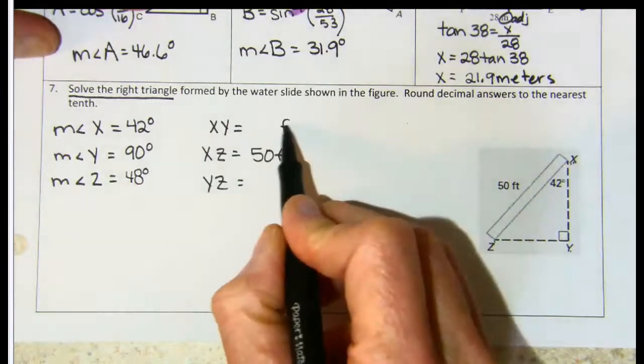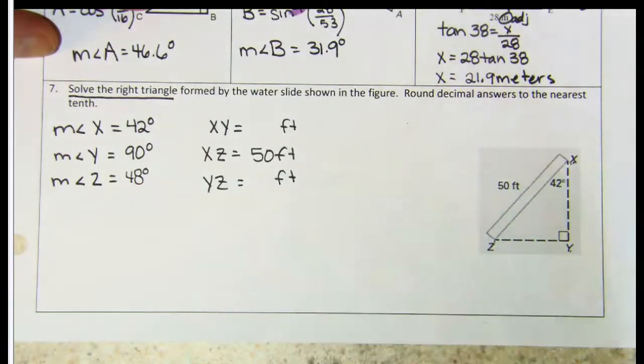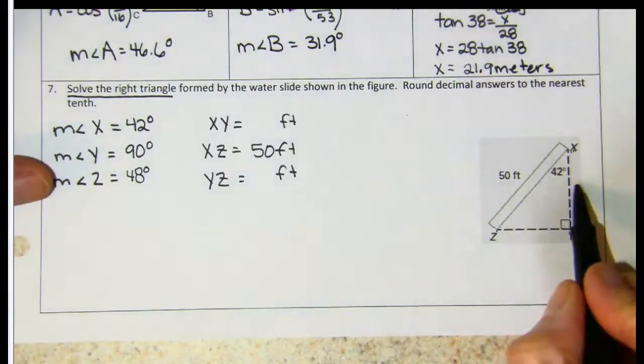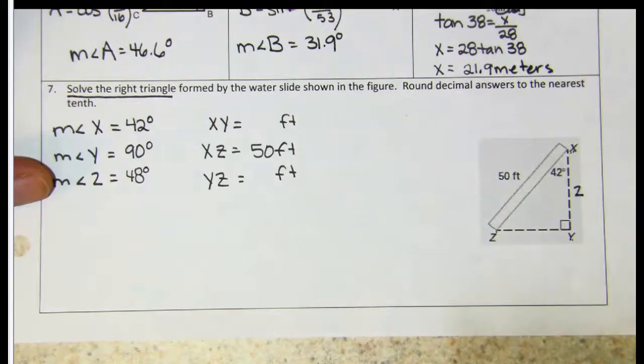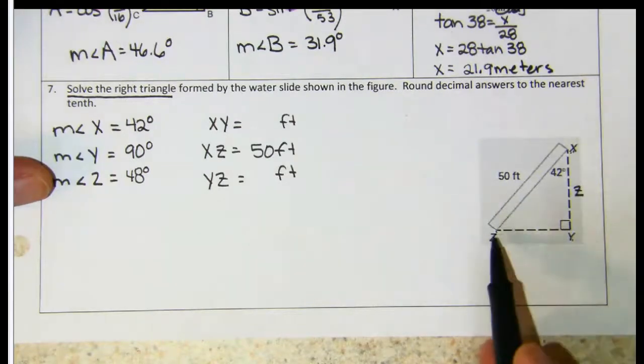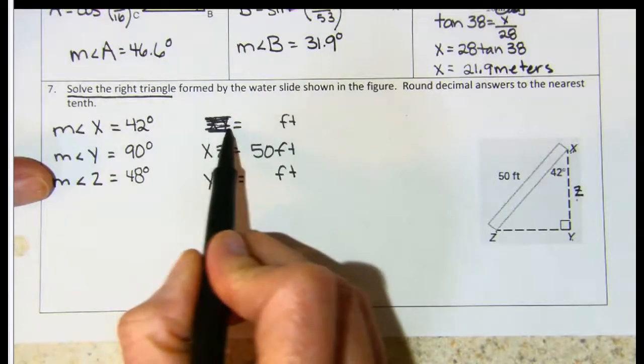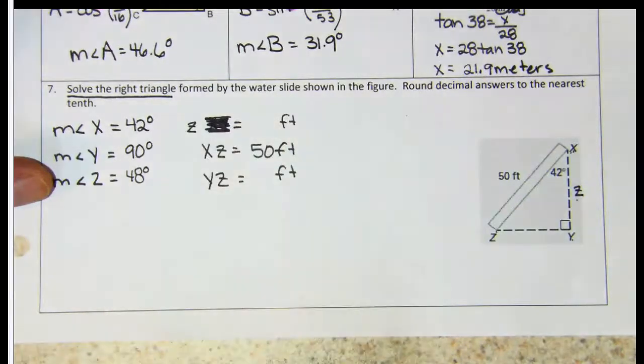But we do know they're going to be in feet. Now, you have many options to do this. The first thing you could do is just pick one of them. So let's go ahead and pick this. I'm going to call this z. Sometimes it is easier to call it the lowercase letter, so let's just go ahead and call it lowercase z.